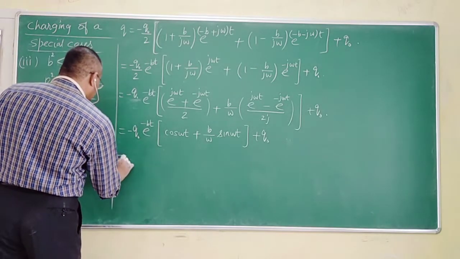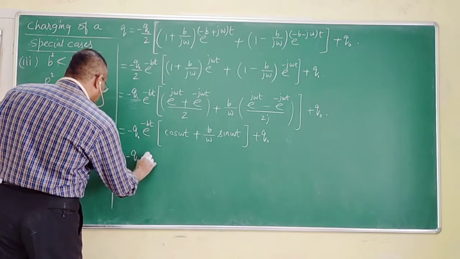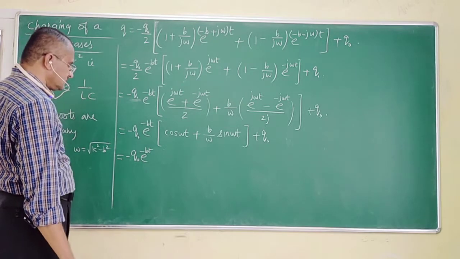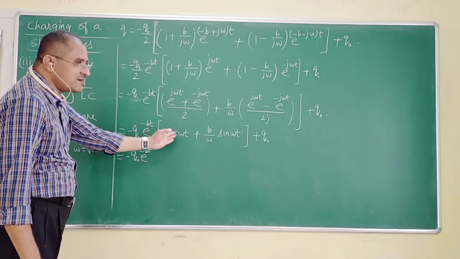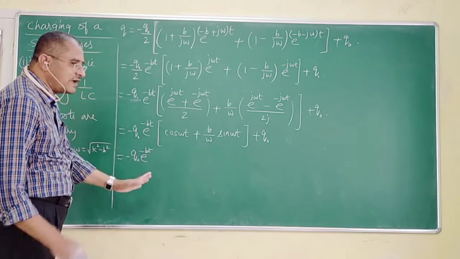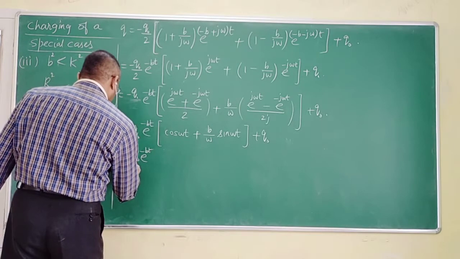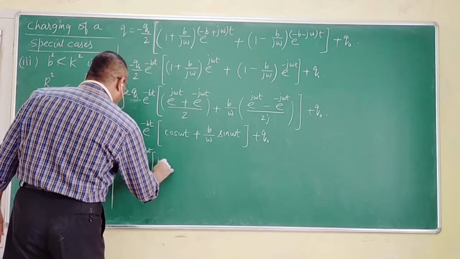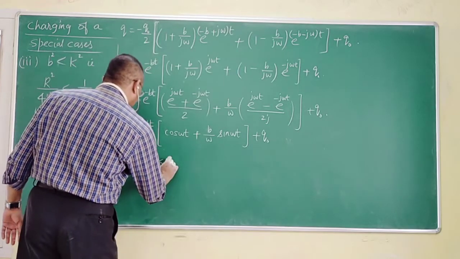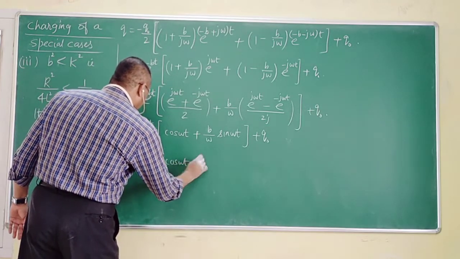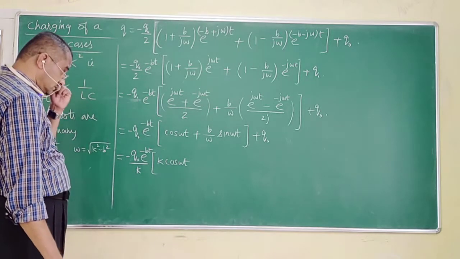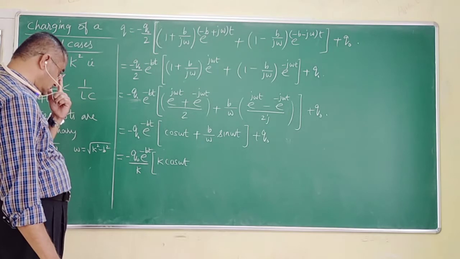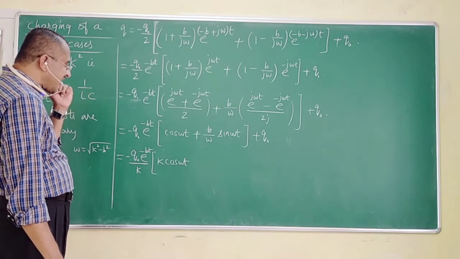Now what we do is minus q naught e power minus bt. I will multiply by k, divide by k, value will not change. I am dividing by k, therefore I have to multiply by k. k cos omega t.